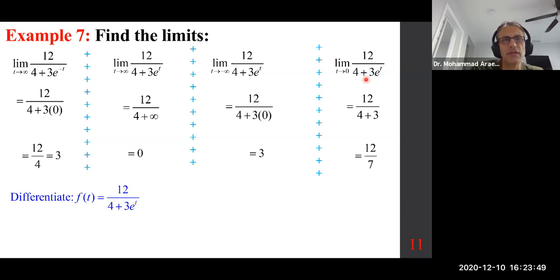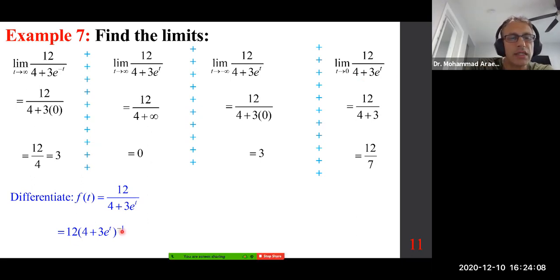Let's differentiate. Let's switch gears. The very first step is to rewrite it such that differentiation becomes fairly easy. It is using the extended power rule, okay? So 12 times negative 1, write the parentheses to the power of 1 less, that means minus 1 or minus 2.